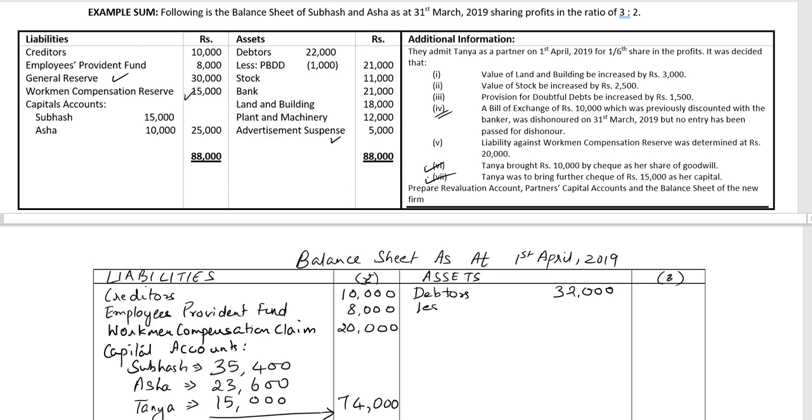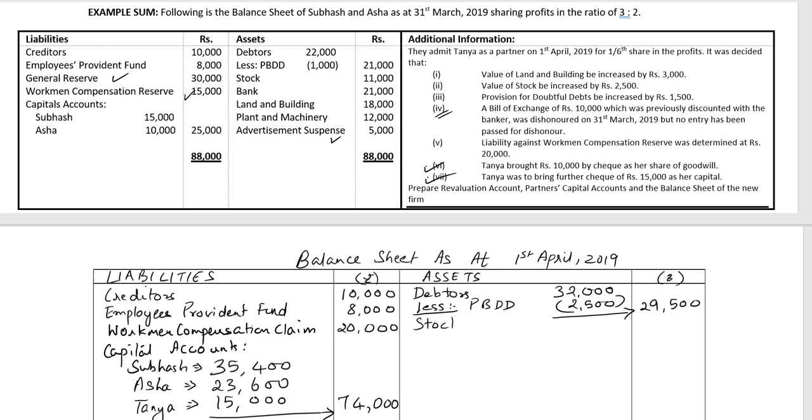We'll deduct the provision, PBDD. Original provision for doubtful debts is 1,000. We increase the provision for doubtful debts by 1,500. So it's now 2,500 rupees. Final answer for debtors 29,500.